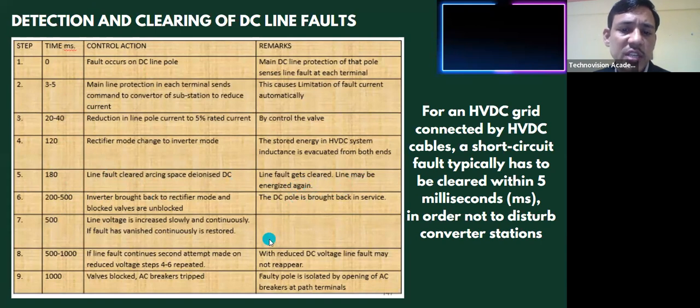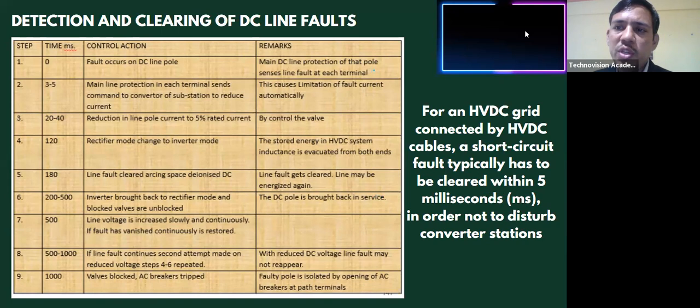The line may be energized again, because there is a time required to discharge the stored energy into the AC system. And here, if you see, especially for these hybrid HVDCs or VSC HVDCs, it should be less than 5 milliseconds.